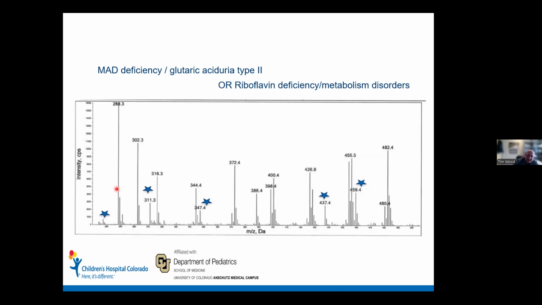And I don't think I put it in here, but there are some nice new articles coming out about how patients on antidepressants, serotonin uptake inhibitors, I believe, in a small number of patients can give you a MAD type phenotype.